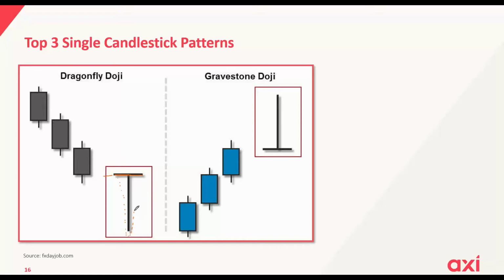But then the bulls push it all the way back up, and then it came back to here, right? The same for the Gravestone Doji too, right? It happens on the top of a trend. In these cases, I really like them, but what I usually do is wait for a confirmation candle, okay? Because it shows there's a lot of indecision here, right? Nothing is decided. So I would usually wait for a confirmation candle over here.